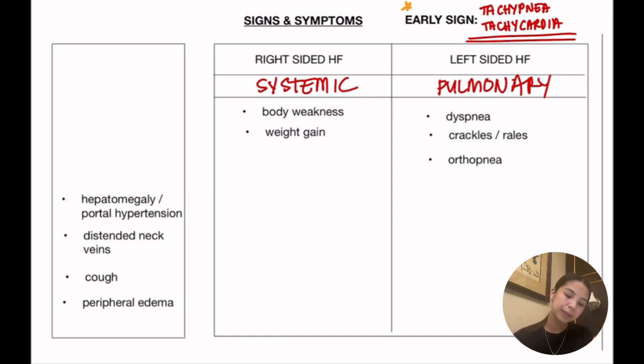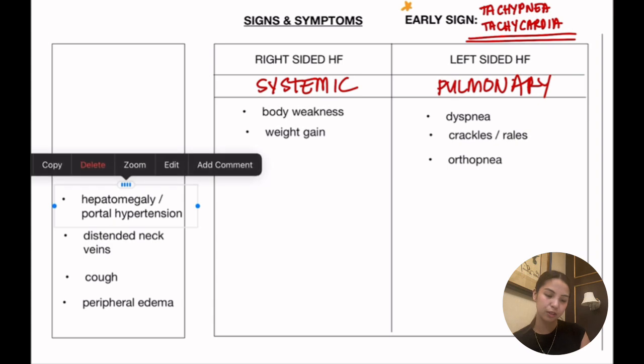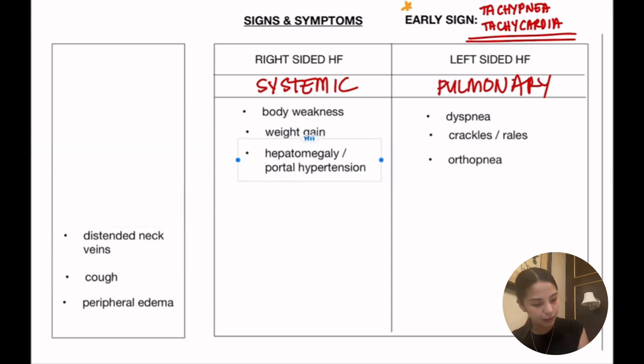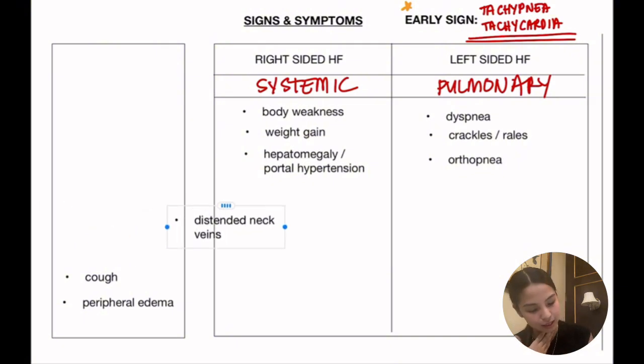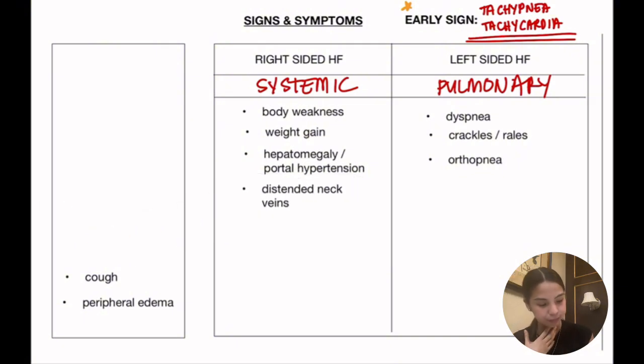Another, hepatomegaly and portal hypertension. Is that systemic or pulmonary? Portal hypertension, hepatomegaly, problems with the liver, not the lungs, the liver. It is systemic. Okay. Distended neck veins. Your neck, is that part of your pulmonary circulation? No, it is in your systemic, right?